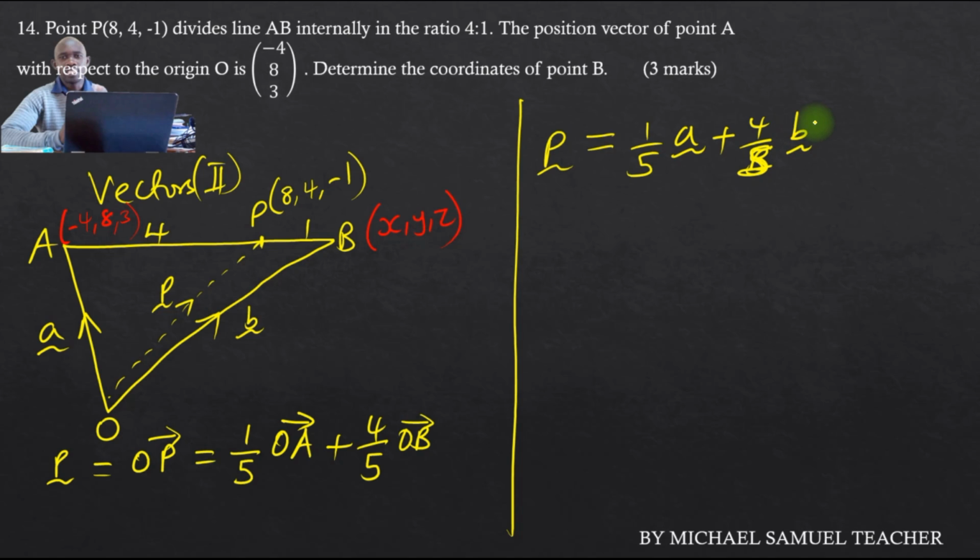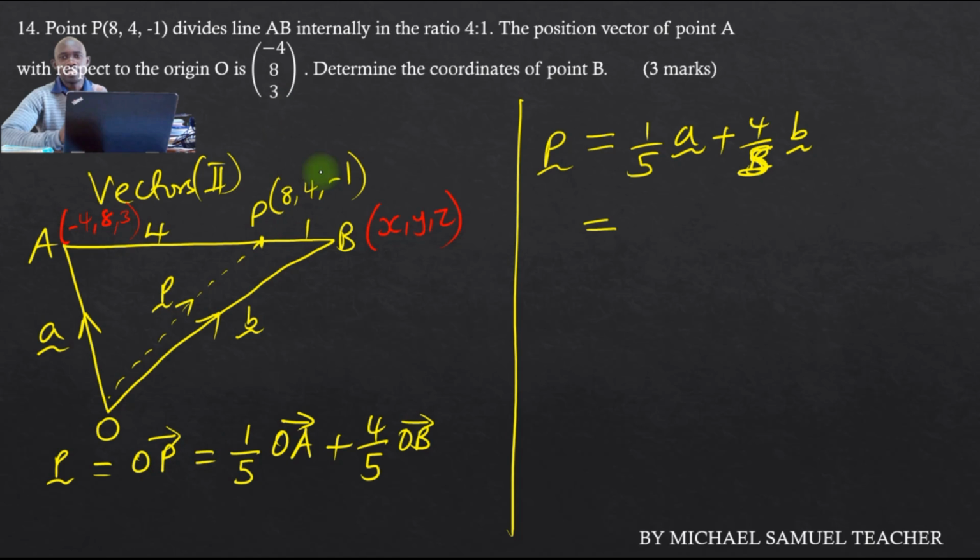Something very important: we are interested in the coordinates. For us to get B, it will be 4 out of 5. Let us just consider this part.